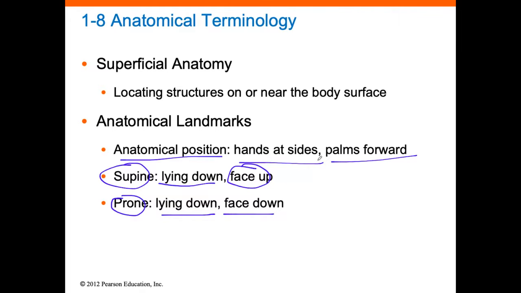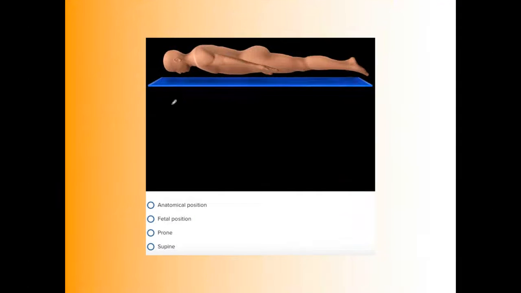So an easy way to remember that is supine is when you're lying on your spine, right? And if you're lying on your spine, then you're face up. And prone is when you're lying on your bone, and that would be your nose. So if you're lying on your bone, your nose, you're face down. So supine and prone, you should know those.